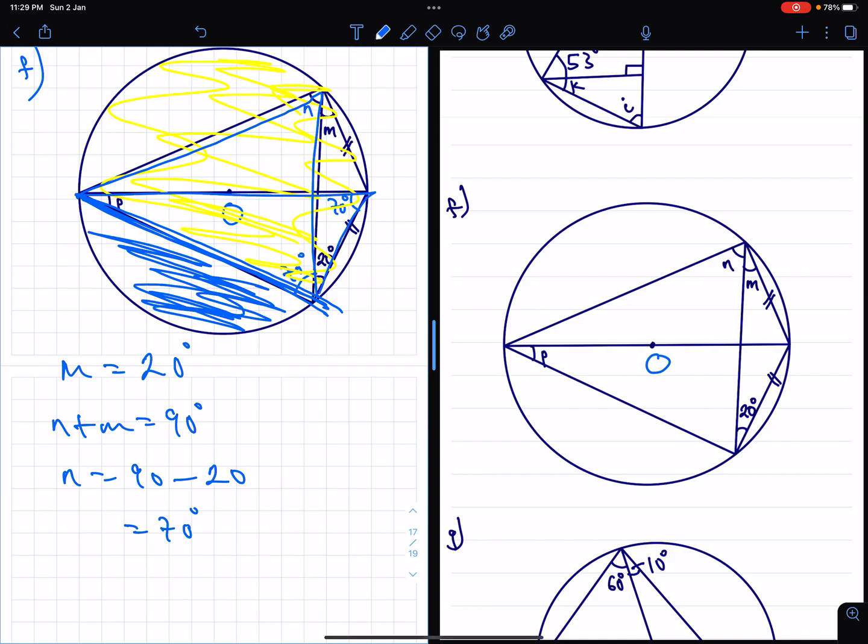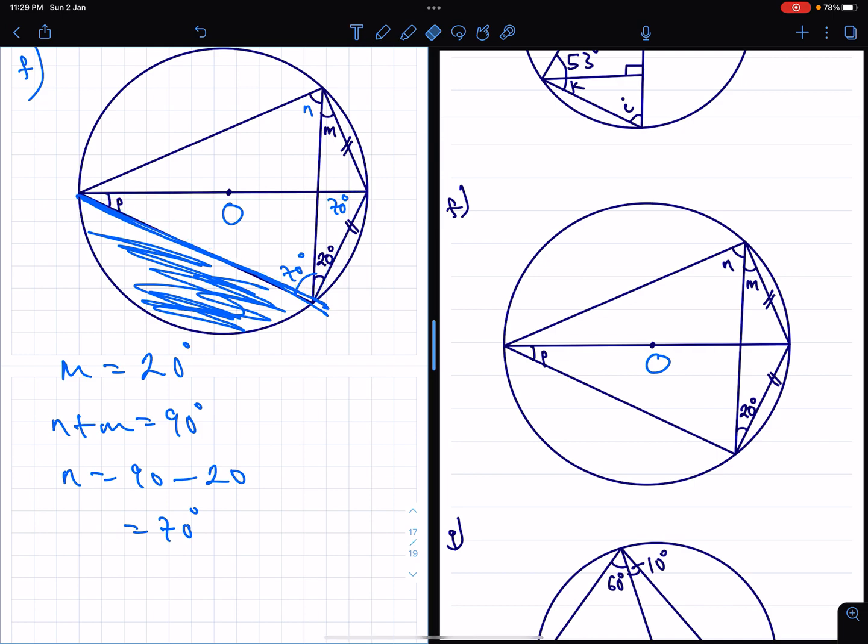The trick that I always use to identify the same segment angles is to check, first of all, the chord that divides the circle into two segments, and this is it. I can see the chord.